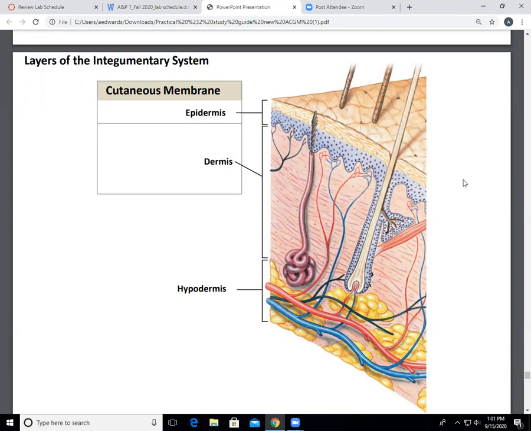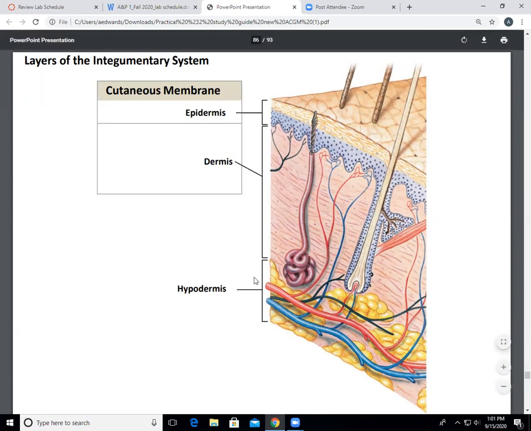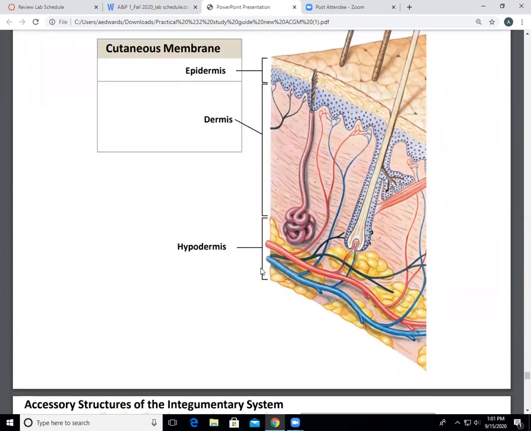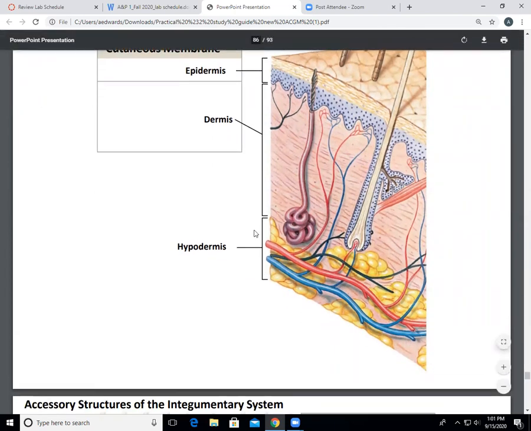All right, so you have the hypodermis, which is deep to the dermis. Those are your basic layers, okay?